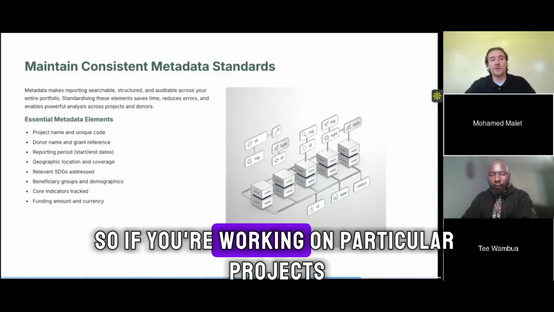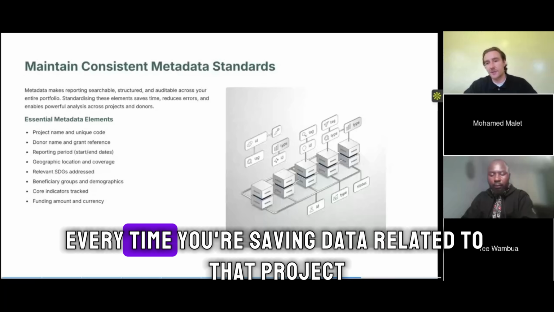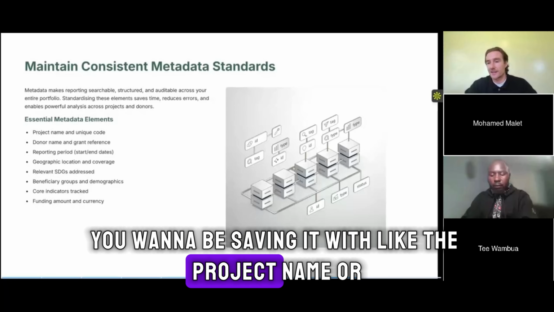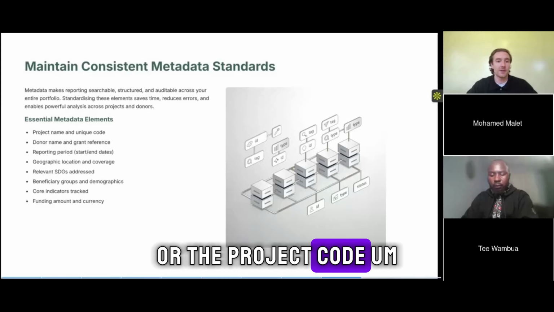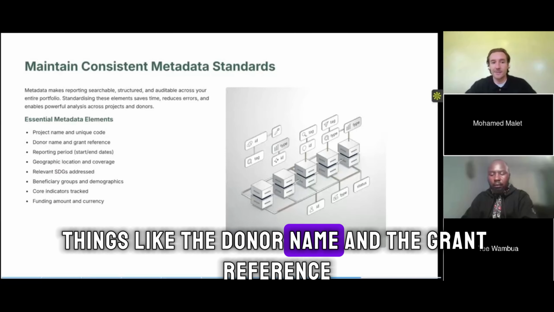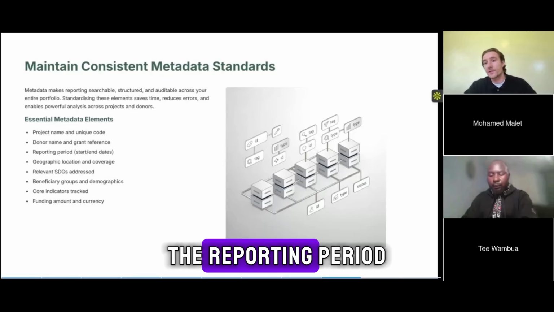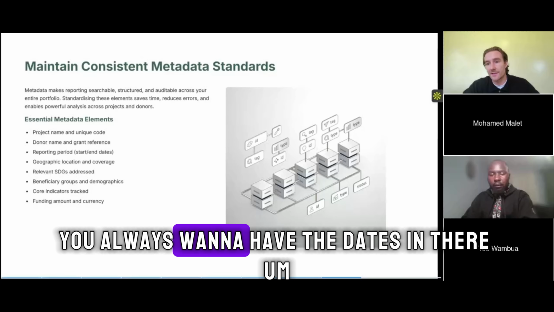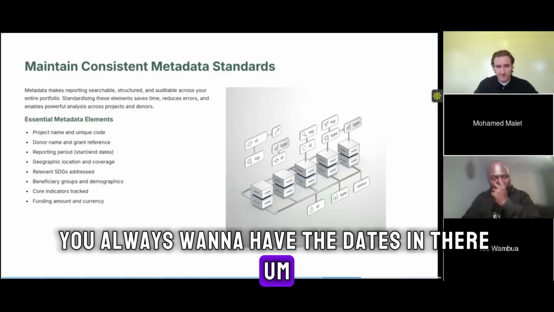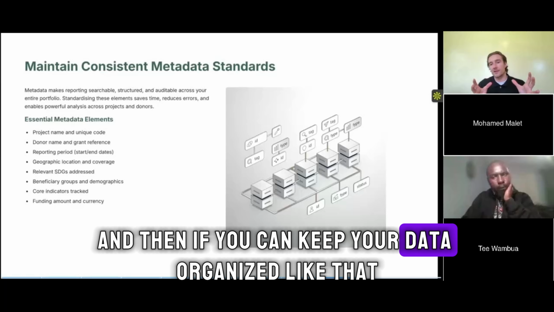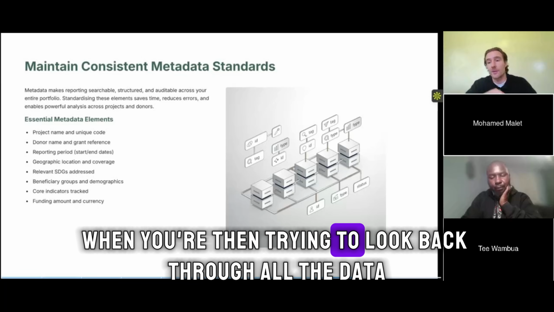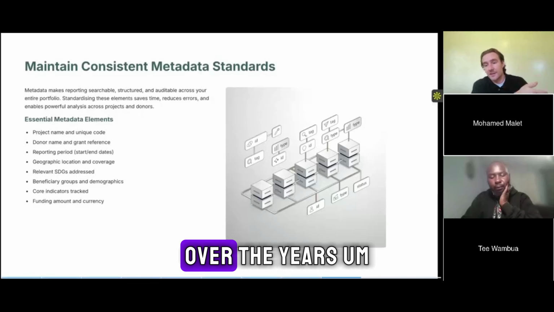So if you're working on particular projects, every time you're saving data related to that project, you want to be saving it with the project name or the project code, things like the donor name and the grant reference, the reporting period. If you're collecting data, you always want to have the dates in there. And if you can keep your data organized like that, it makes it so much easier when you're trying to look back through all the data that you've already collected over the years.